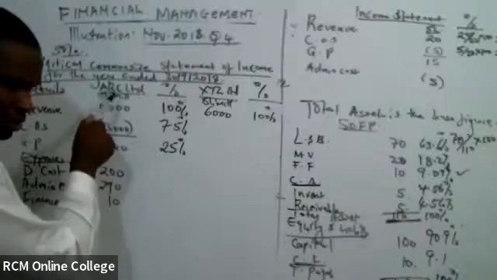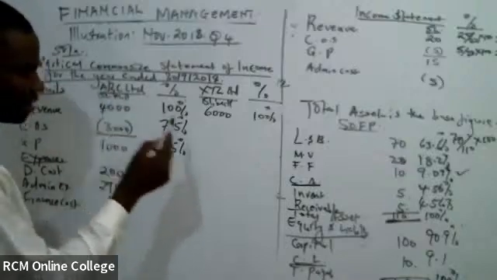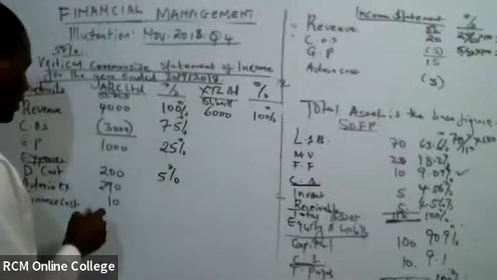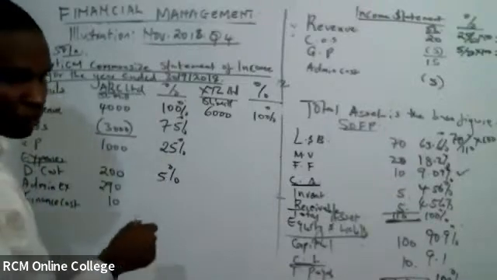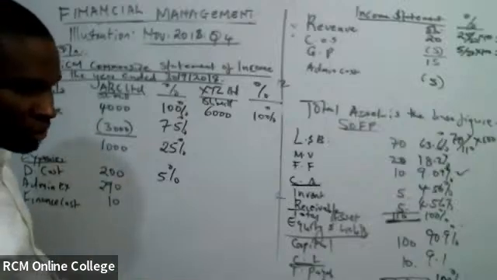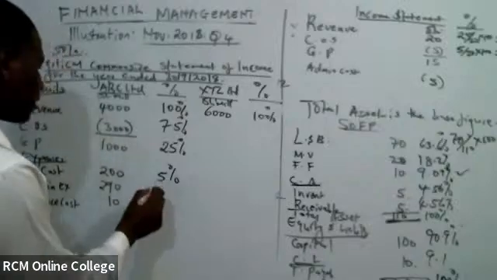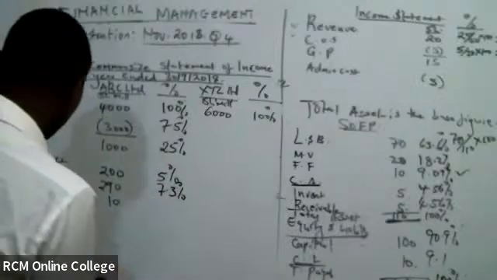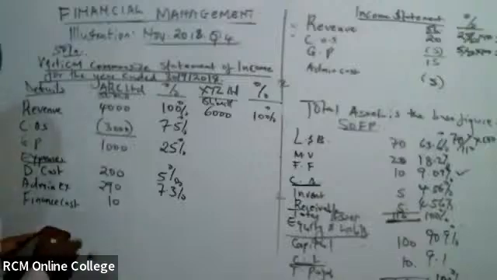Always remember as a percentage of sales, 5%. And then we move to the next one, 290. One decimal point is fine: 7.3%. And then the other one for finance cost.